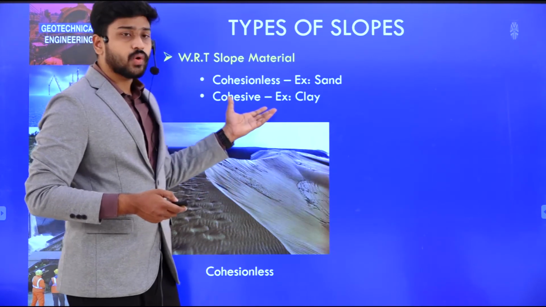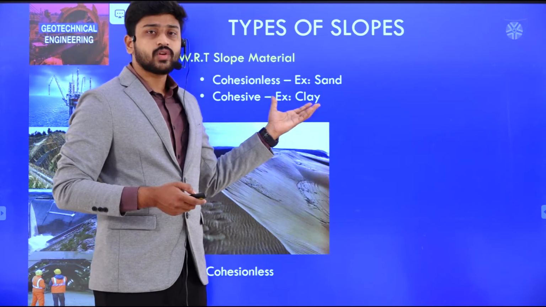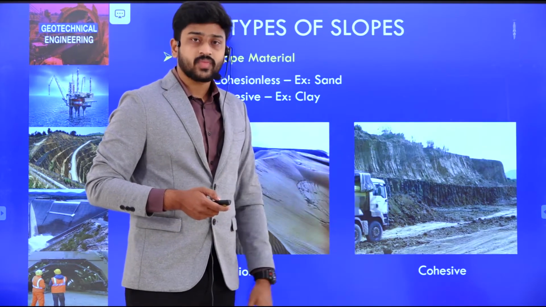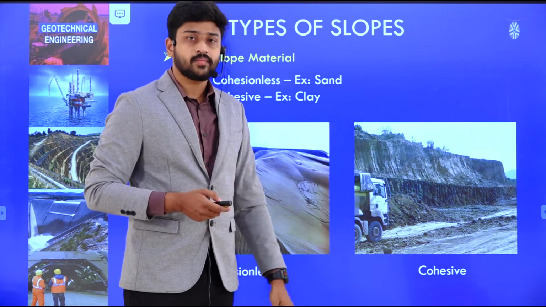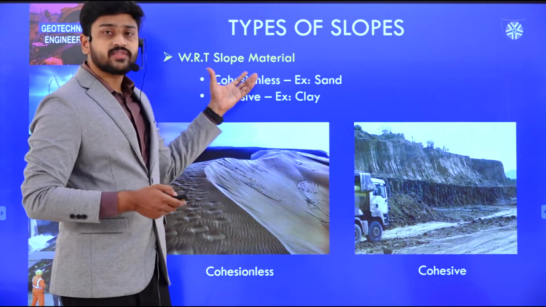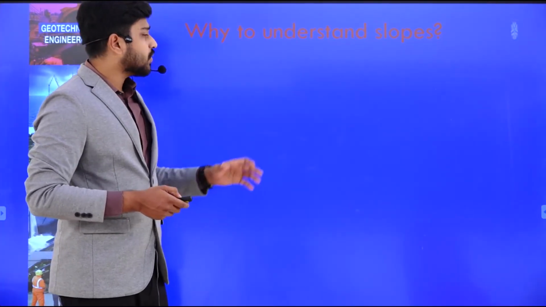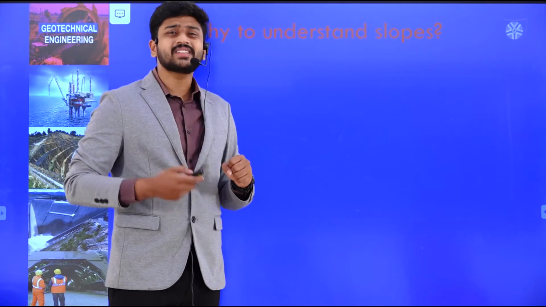Similarly, we have cohesive soil, that is a cohesive slope of clay. If you look at this diagram, this is a cohesive slope; the soil here is clay. So this is the classification based on slope material. Clear?